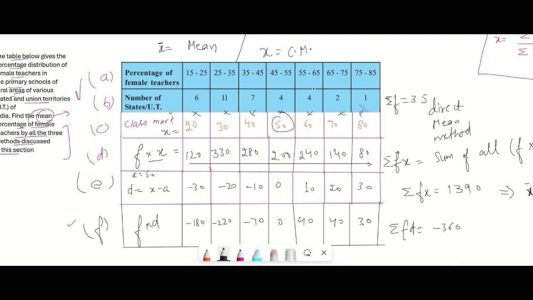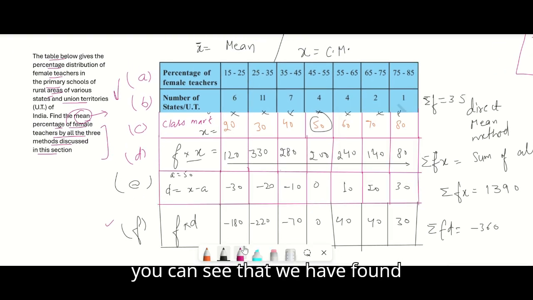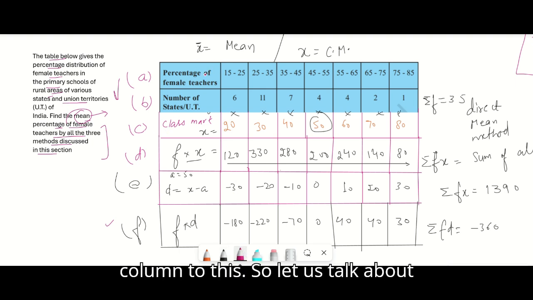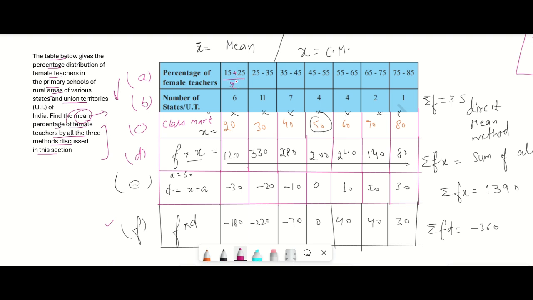Now let us talk about the class interval. When you add up the two limits of a class interval and divide by 2, this gives you the class mark, x, that we talked about earlier in the formula. Class mark is the midpoint of the class interval.